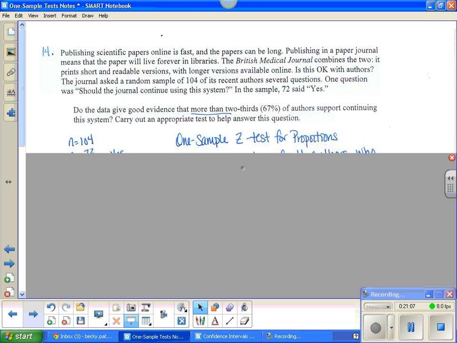Define your parameter. What is our parameter? P. Okay, so P equals the true proportion of all recent authors who said yes to supporting, somewhere along those lines.